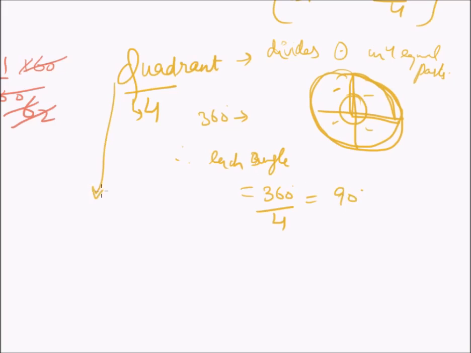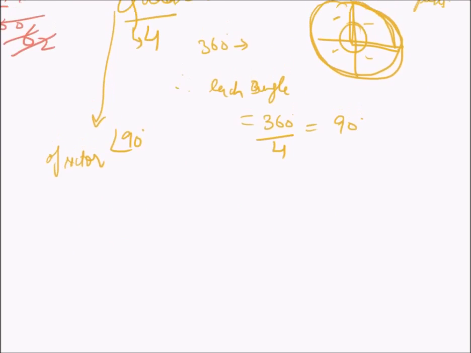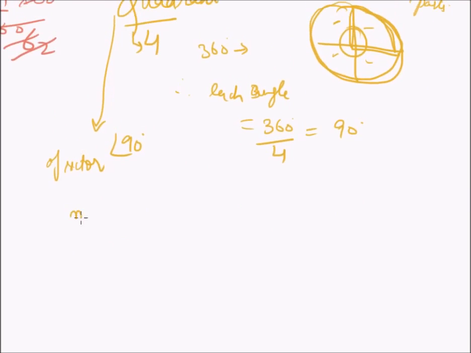So for quadrant the angle of sector is 90 degree. Thus a minor sector with 90 degree angle is a quadrant, and the angle of major sector will be 360 minus 90 degree, that is 270 degree.